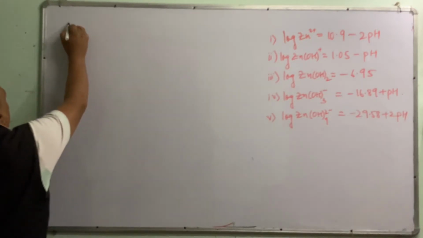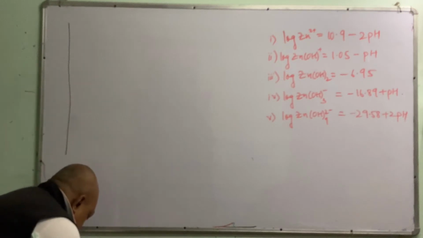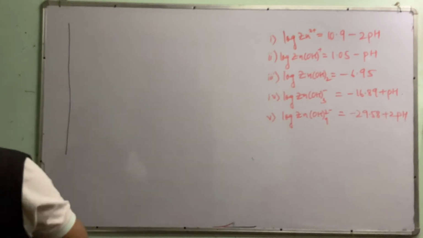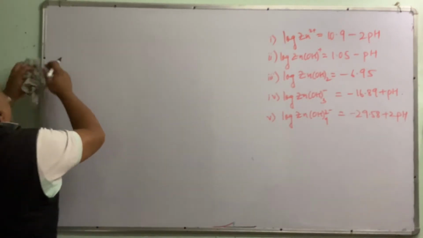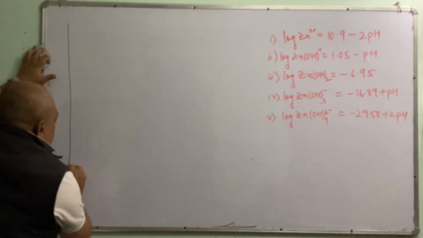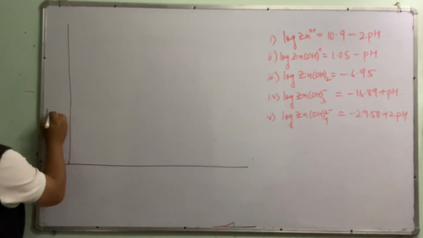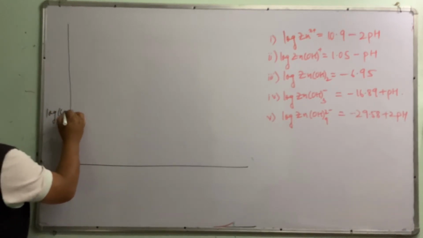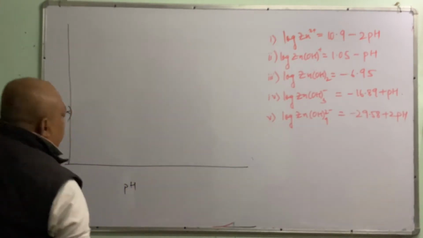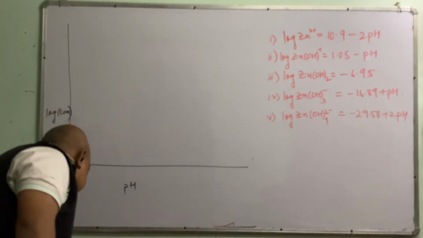Okay, so now the next step is to draw the graph between the log concentration and pH. This is going to be log of concentration, and this is going to be pH.